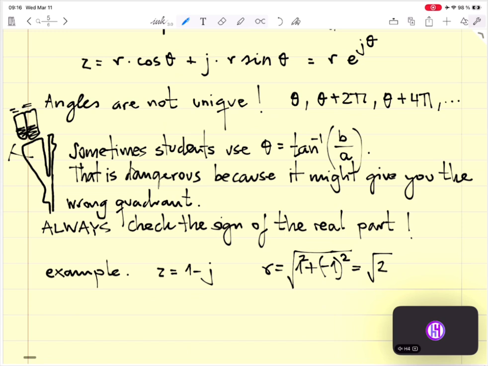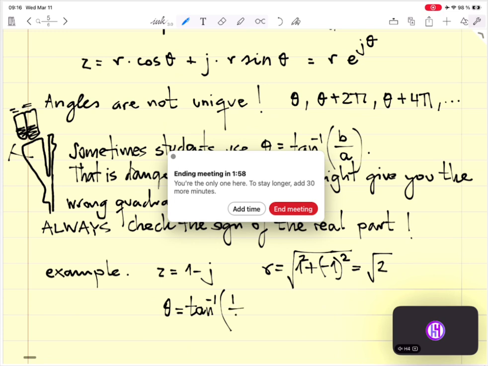And theta is the tangent inverse of 1 divided by 1, or minus 1 divided by 1. This is going to be pi divided by 4, because the real part is 1. 1 is bigger than 0.